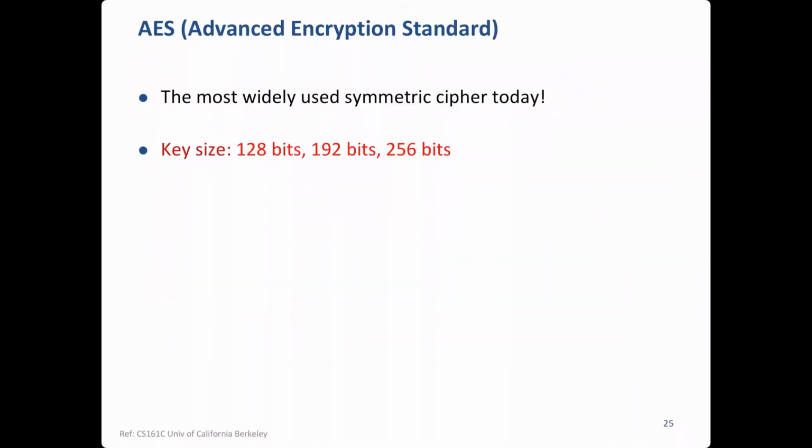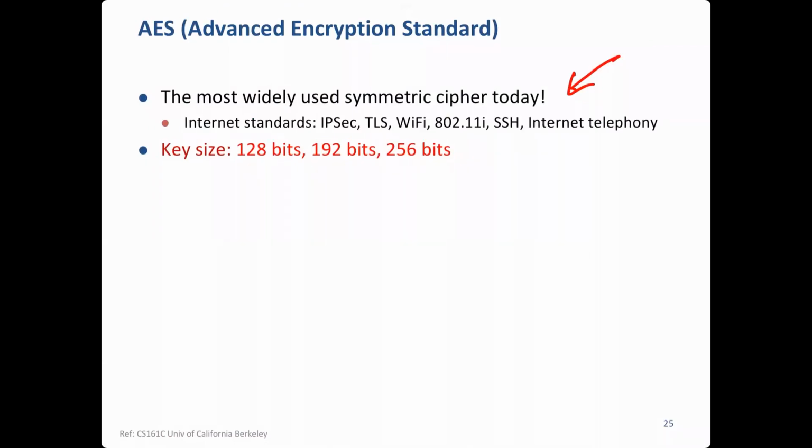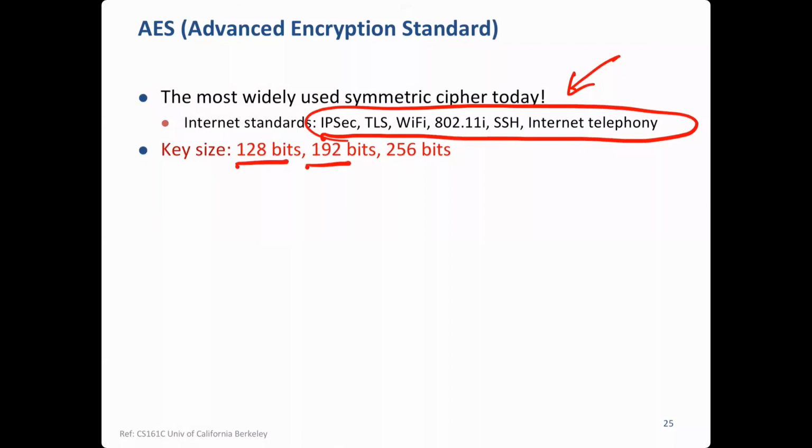Then came AES. It's the most widely used cipher today. It's being used in all protocols we know, like IPsec, TLS, even whatever we are communicating on now is using AES. The key size is 128, 192 or 256, so the algorithm came out with many choices.